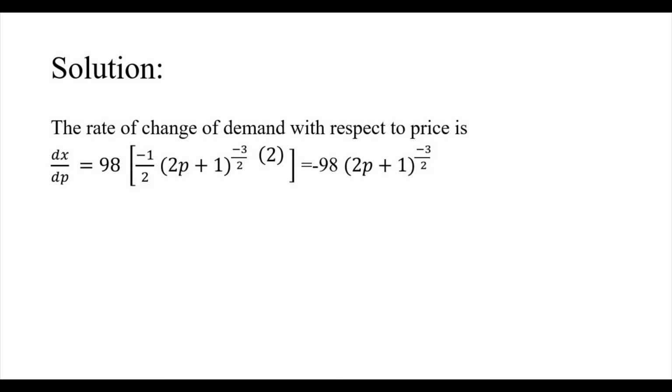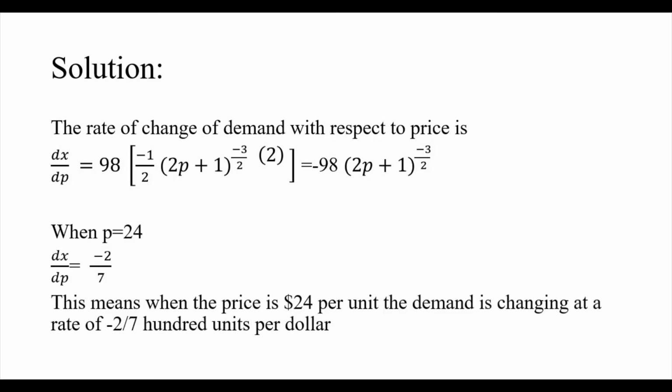And then you're going to multiply with the derivative of the inner function, which is 2p plus 1 with respect to p, in this case, the answer is going to be 2. Then you're going to simplify. Negative 1/2 times 98 times 2 is negative 98, times (2p plus 1) raised to the negative 3/2.